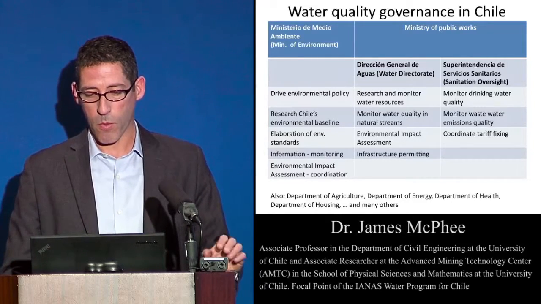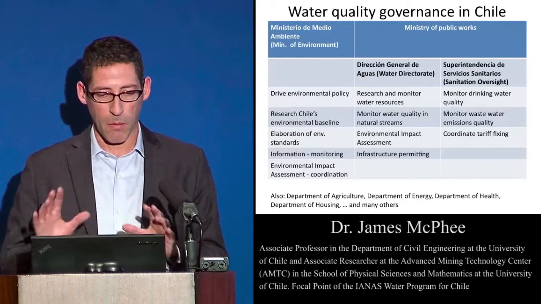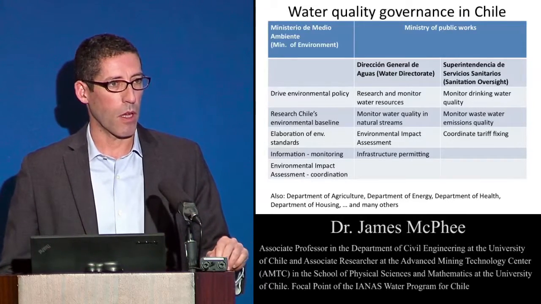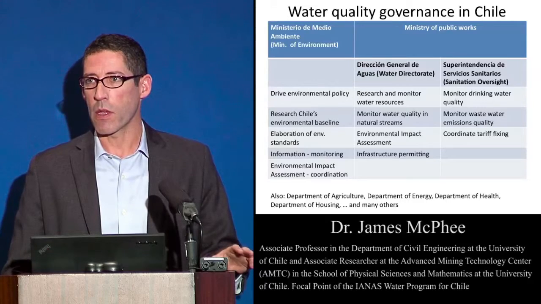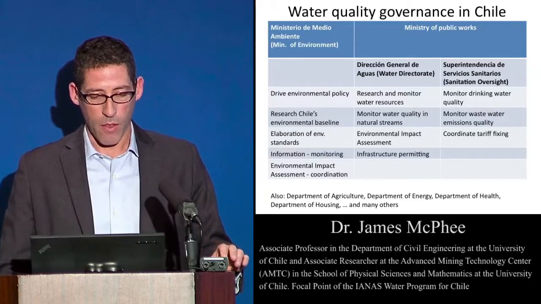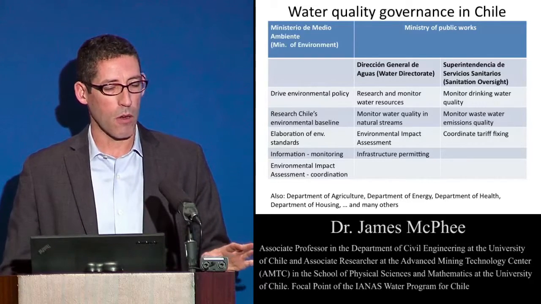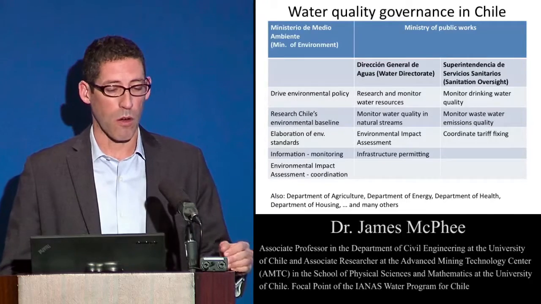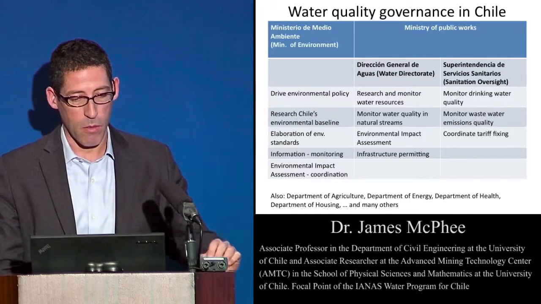However, if we look into the big picture, we could find two main agencies, which are the Ministry of Environment, and the Ministry of Public Works. And those two departments of the government have major roles when it comes to water quality and environmental management.